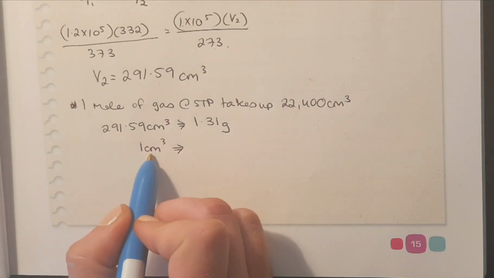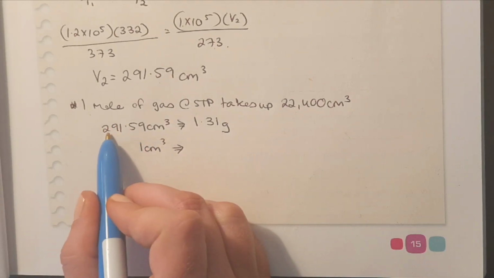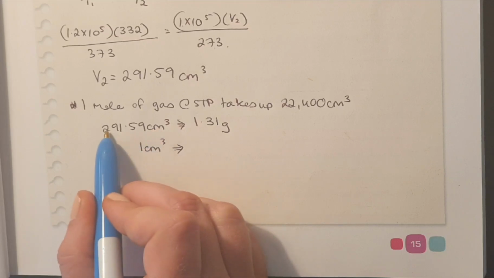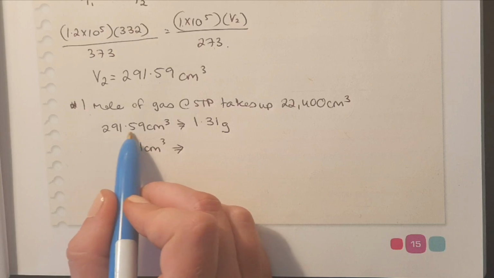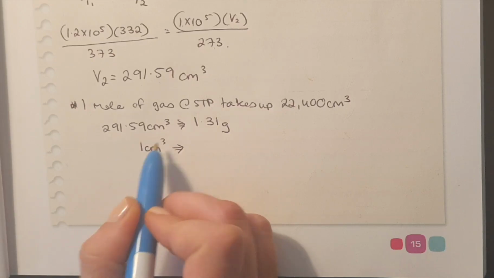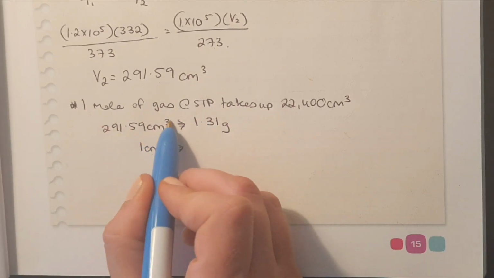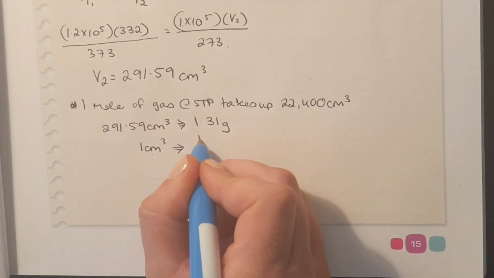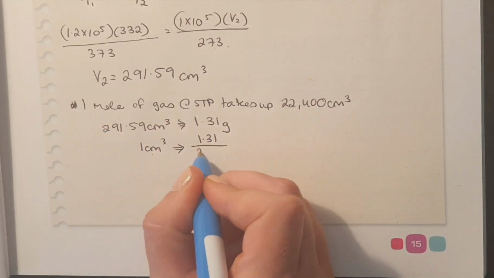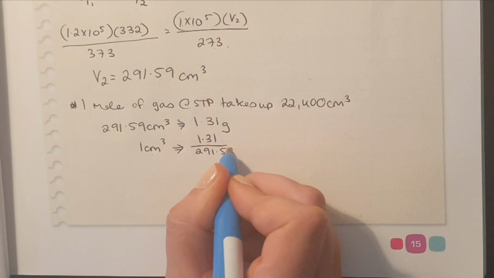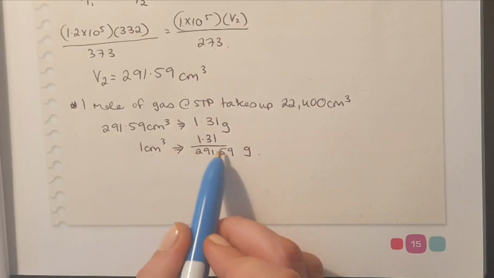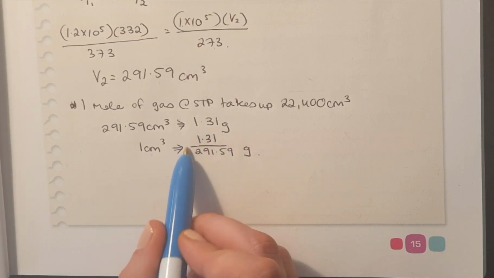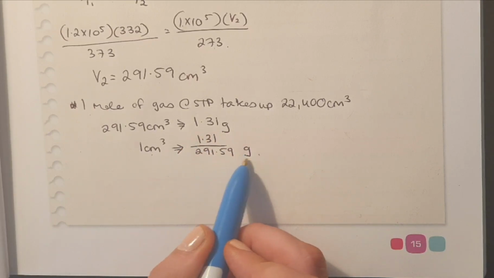So to get 1 on this side, I have to divide this number by itself. 291.59 divided by 291.59 is 1. And if I do that to this side, I have to divide this side also by that number. So now 1 centimeter cubed of the gas would equal this amount of grams.